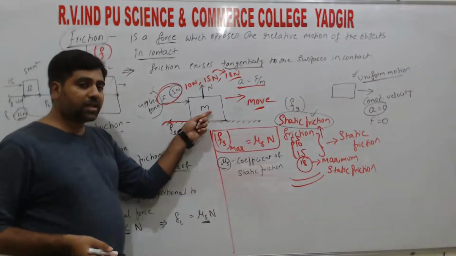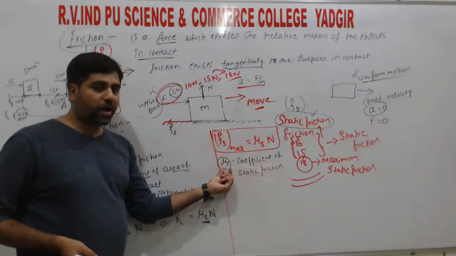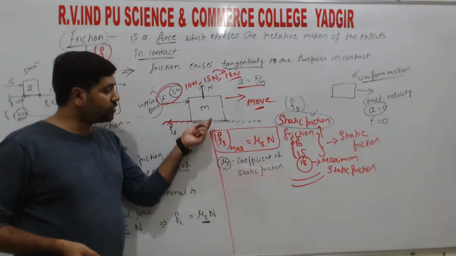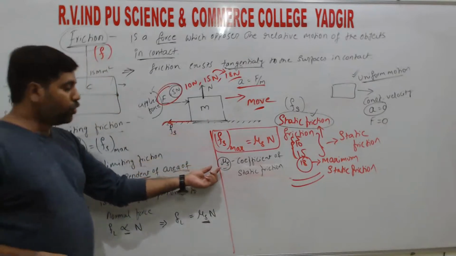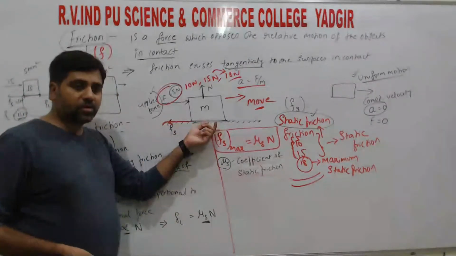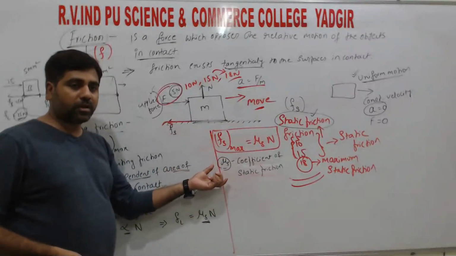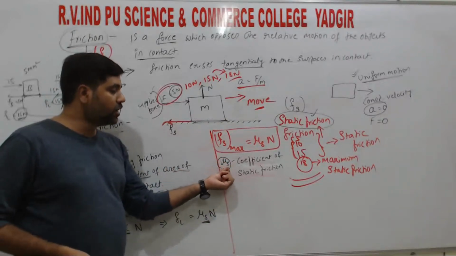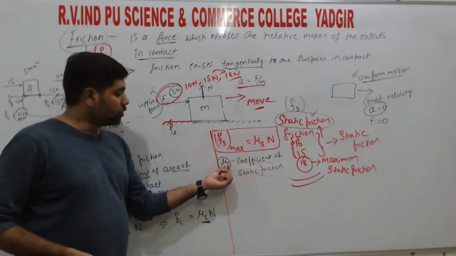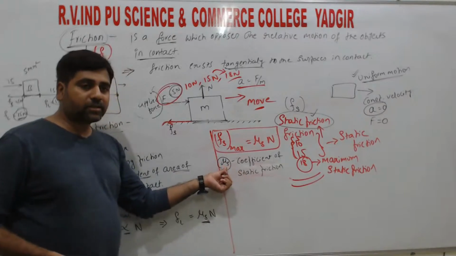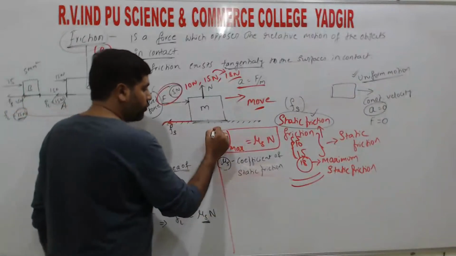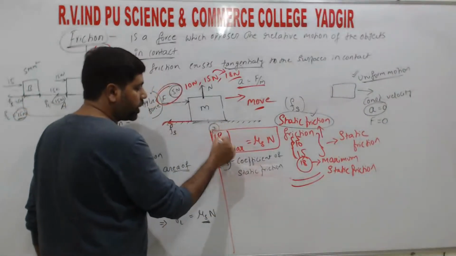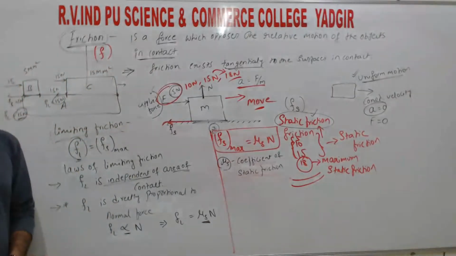So the mu s value depends on the nature of the surface. All surfaces don't have the same value, right? So if it is a mud surface, the mu s value will be different, a cement surface will be different, a tiles surface will be different. So different surfaces have different values, so that constant is called mu s, that is the coefficient of static friction.